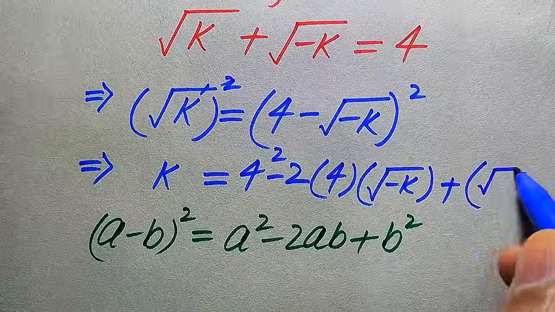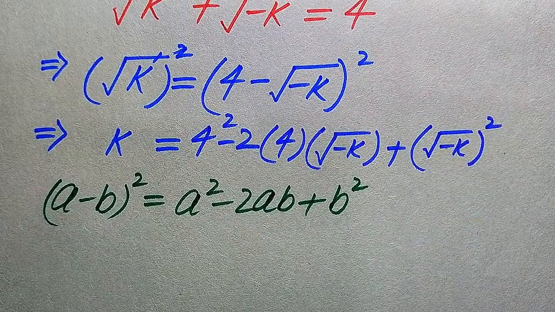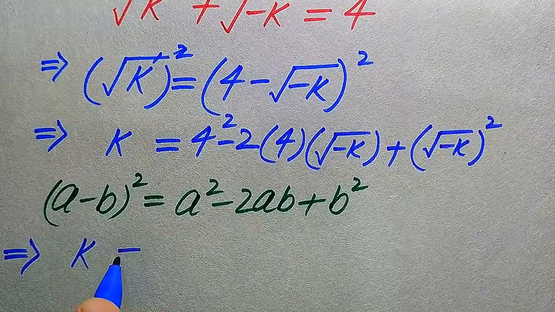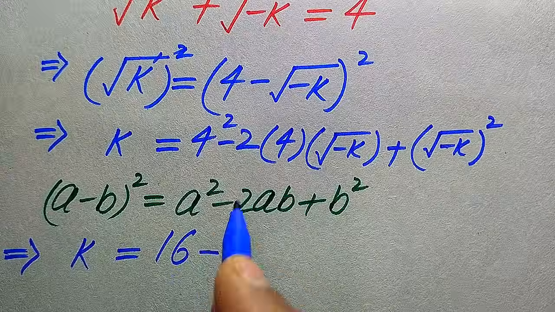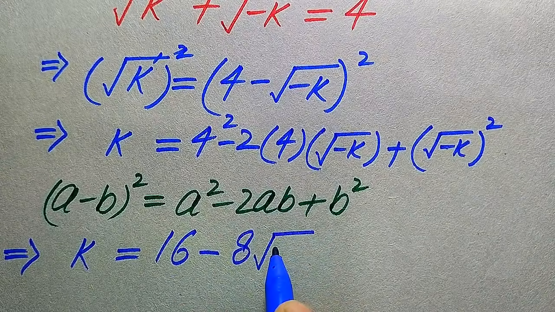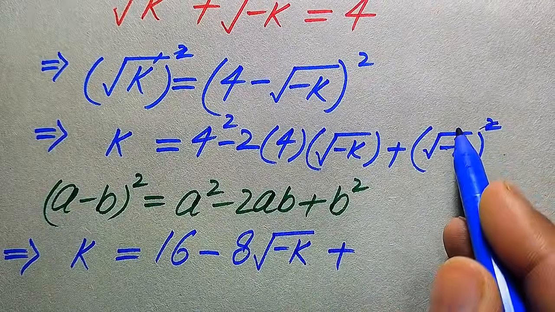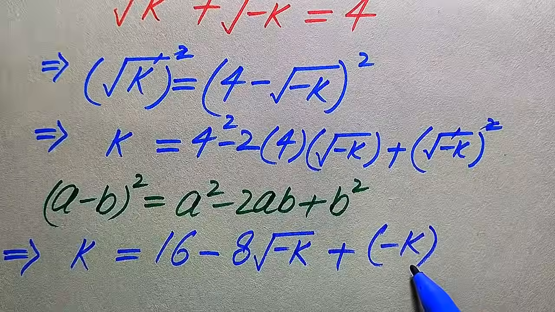So b is square root of minus k whole square. And now further in the next step we need more simplifications, and it will be written as k is equal to, this is 4 square becomes 16, minus this is 2 times 4 becomes 8 times square root of minus k, plus this 2 and this square root are gone, and we get minus k.